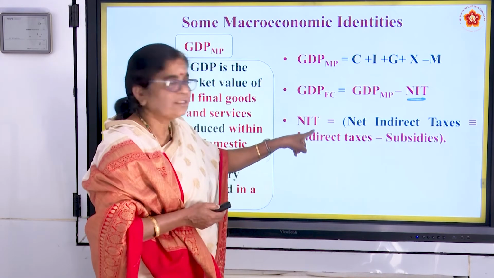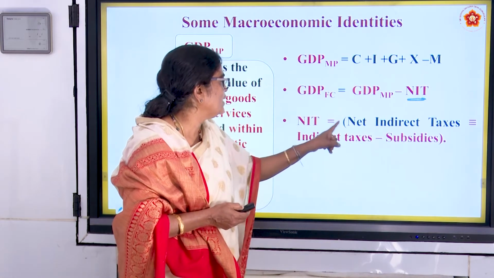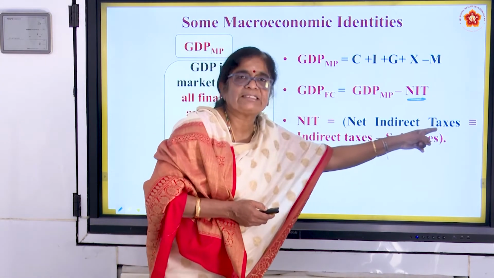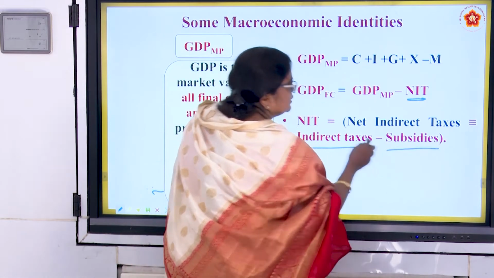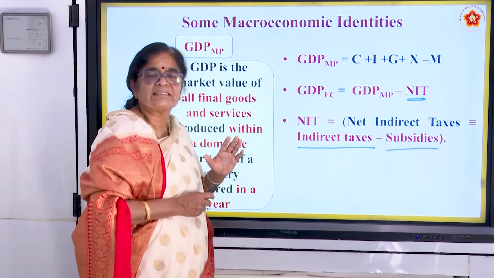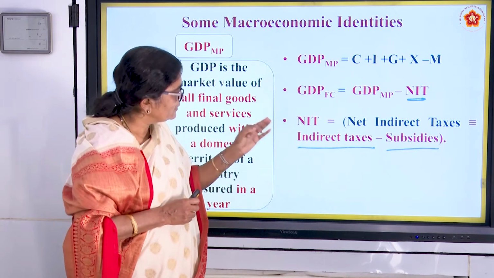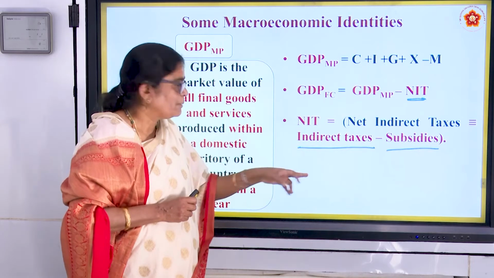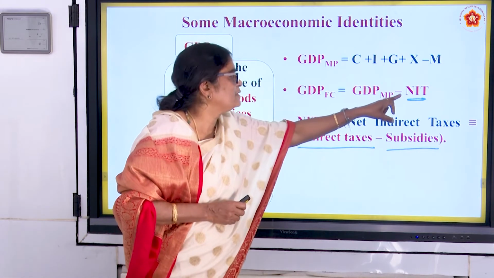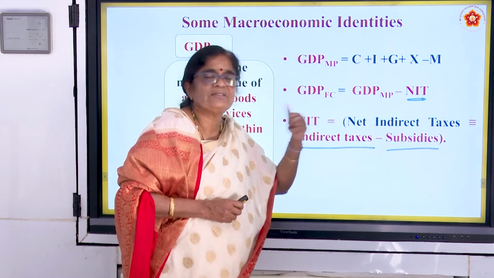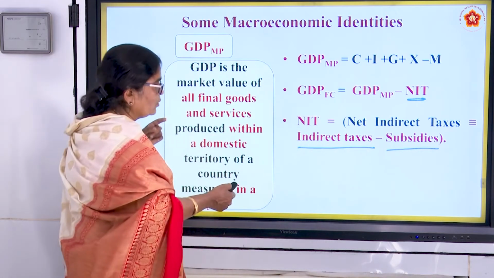NIT: N stands for net, I for indirect, T for taxes. Net indirect taxes mean indirect taxes minus subsidies. You know what the indirect taxes are? We have studied two taxes, production taxes and product taxes, as well as production subsidy and product subsidy. Therefore, when you deduct NIT, the indirect taxes minus subsidies, from GDP at market price, you will derive GDP at factor cost. This also you have to write as a macroeconomic identity.